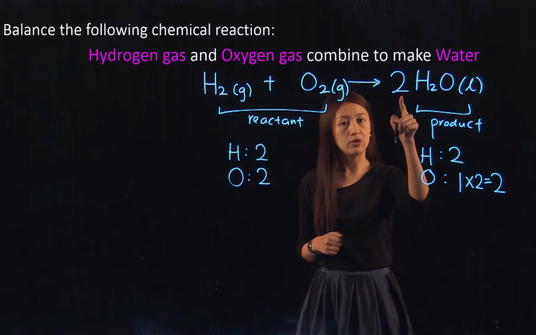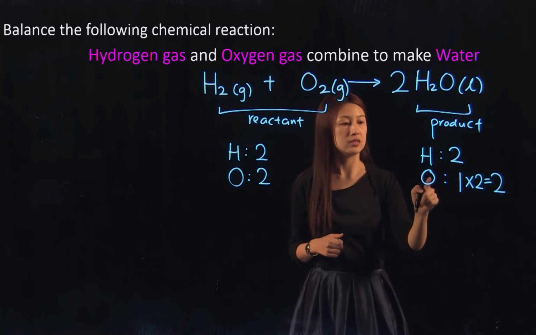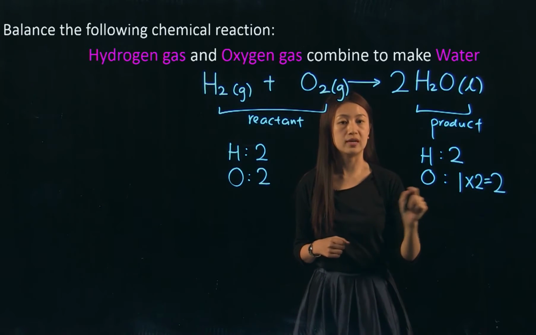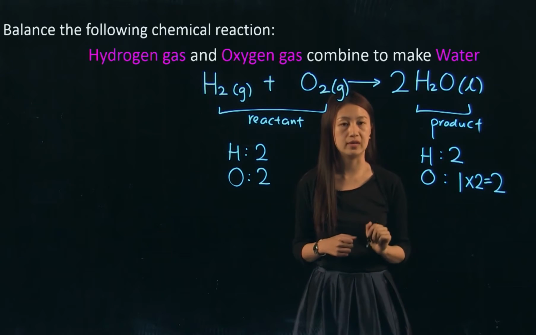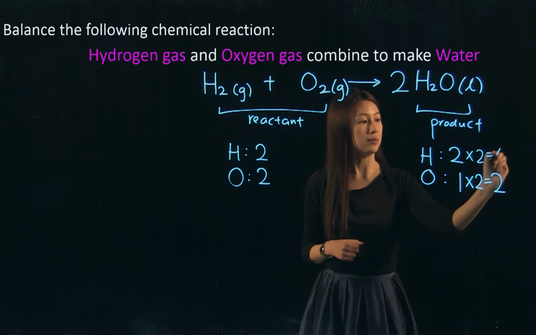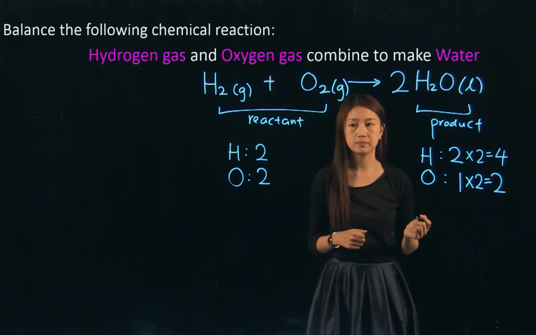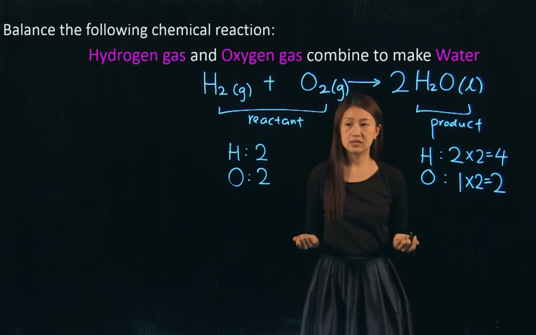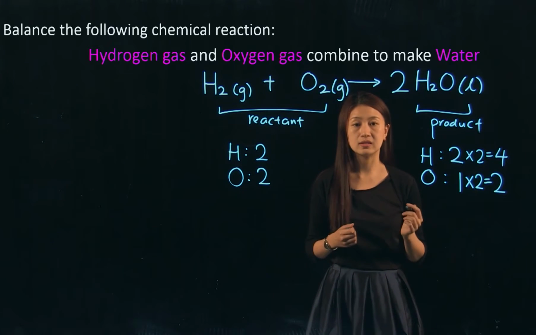By putting the coefficient of 2 in front of H2O, I not only increased the number of oxygens on the product side, I have also increased the number of hydrogen atoms on the product side. In this case, I would have a total of 4 hydrogen atoms on the product side. Now looking at this equation again, hydrogen is no longer balanced.